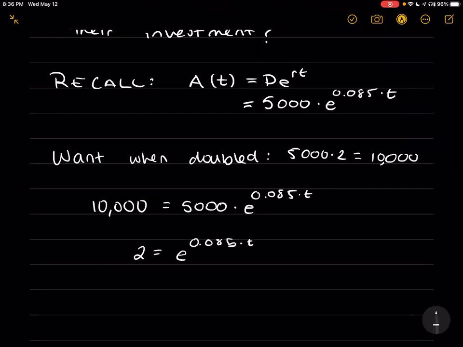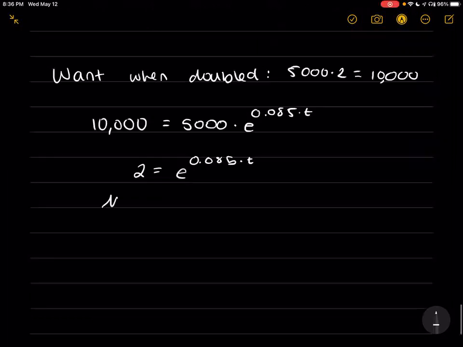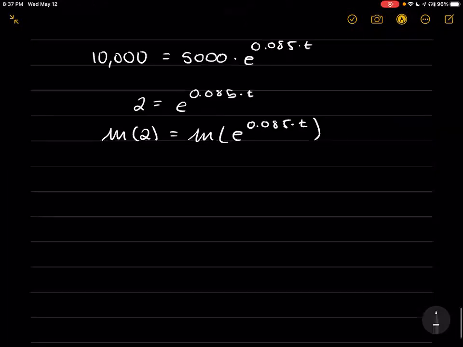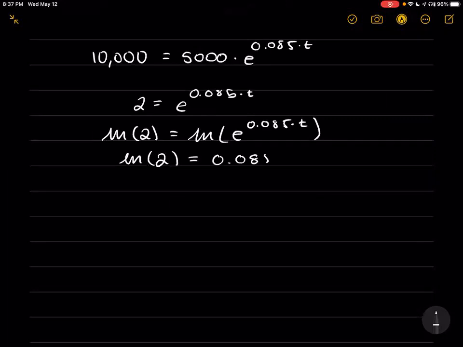And now we can go ahead and take the natural log of both sides. So we'll do natural log of 2 equals natural log of e to the 0.085 times t. And then these two things cancel out. So we get natural log of 2 equals 0.085 times t. And we can divide both sides by 0.085.